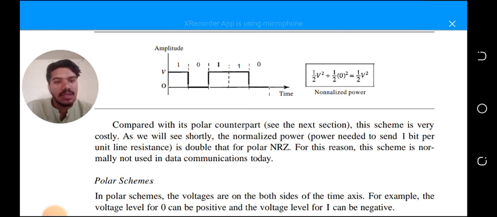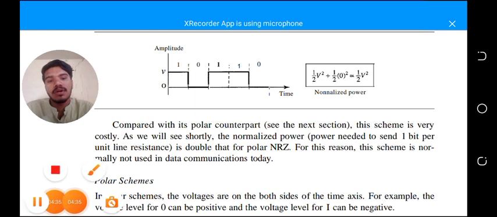The normalized power to send one byte per unit line resistance is double that for polar NRZ. So this scheme is normally not used in data communication today.